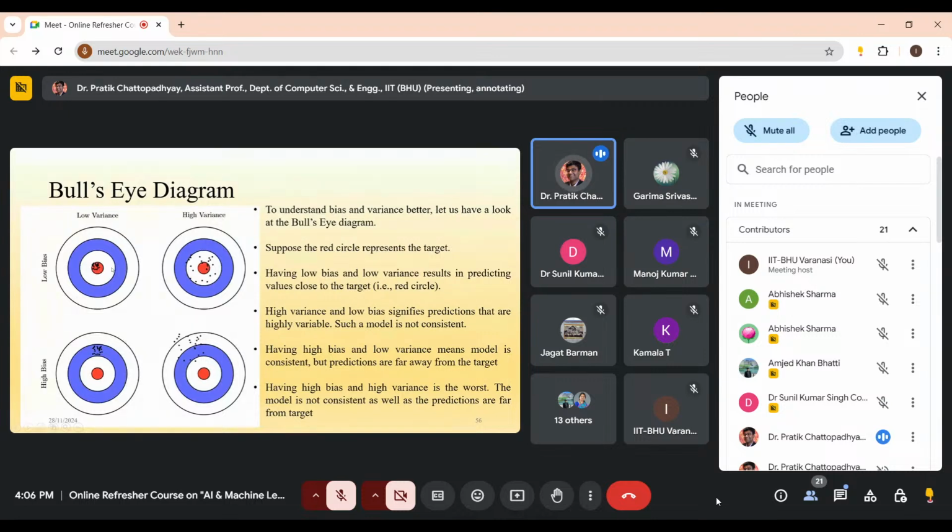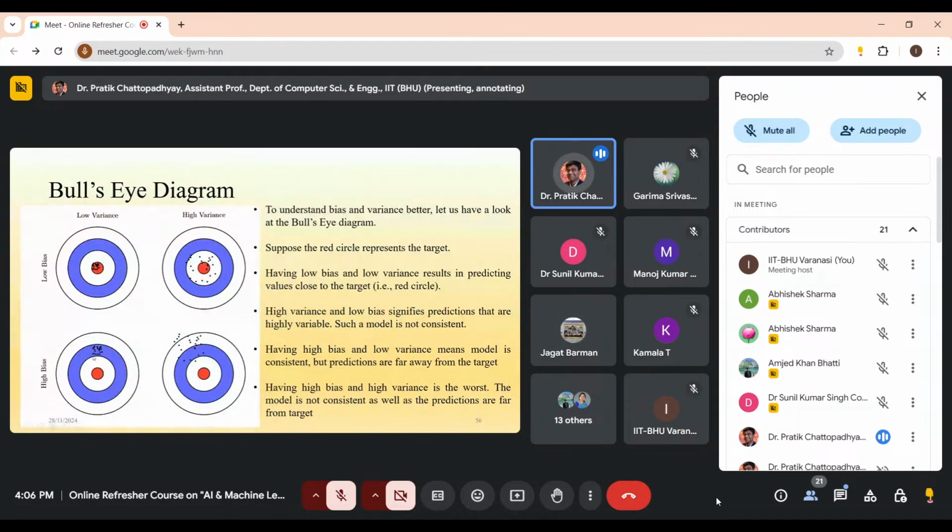The second diagram shows your bias is relatively low, so you are always close to the target, in the second zone, but you have high variance in the throws. Sometimes you are throwing this side, and so on.